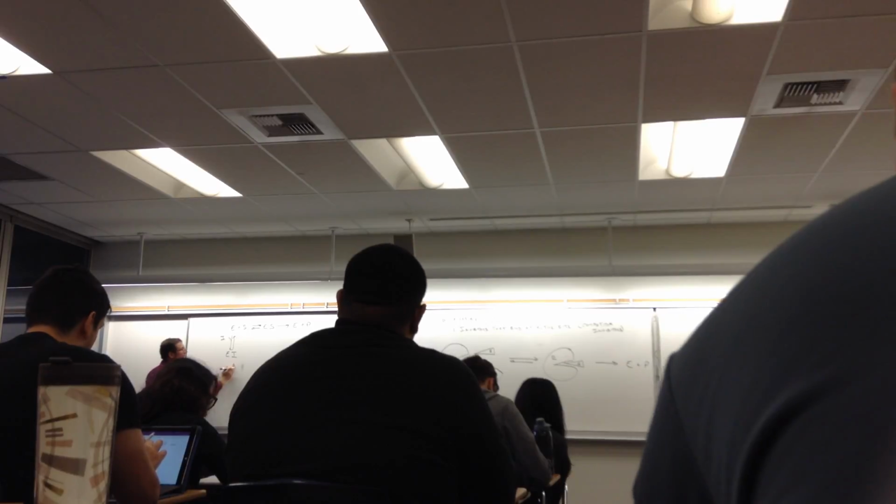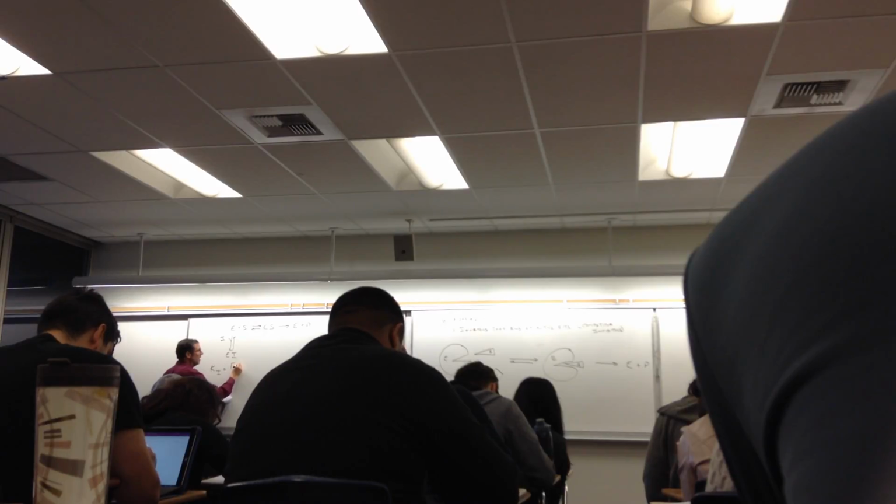And so we can define a Ki that equals E times I over EI.